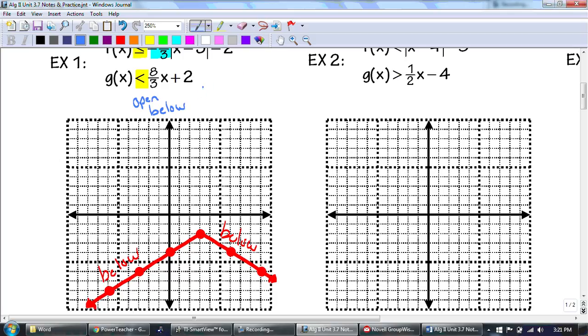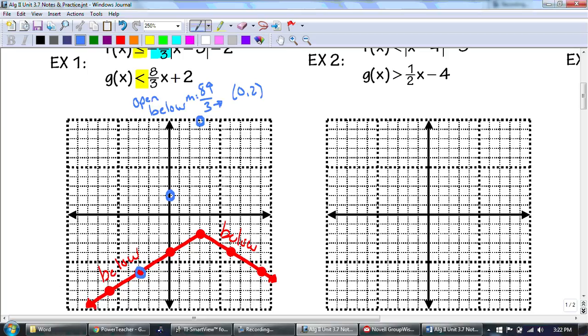Now my slope is 8 over 3, which means I'm going up 8 to the right 3, and I begin at 0, 2. So at 0, 2, I'm open. I go up 8, right 3, and I think those are the only points that we're going to get.